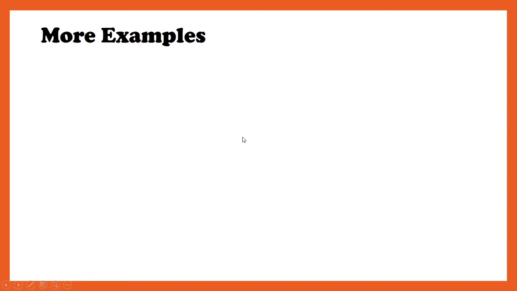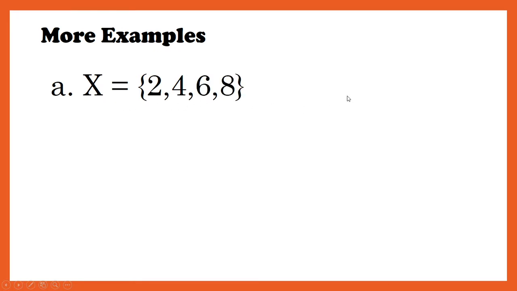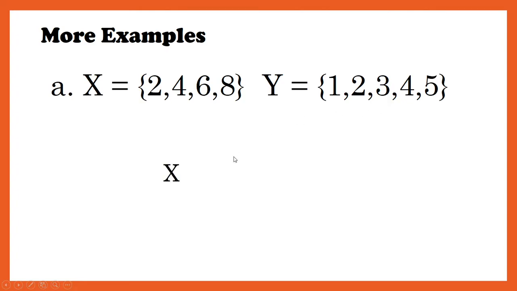So, more examples. Let's say letter A. The elements of set X are 2, 4, 6, 8. And the elements of set Y are 1, 2, 3, 4, 5. Let's get X union Y. We just simply write all the elements and join them together.